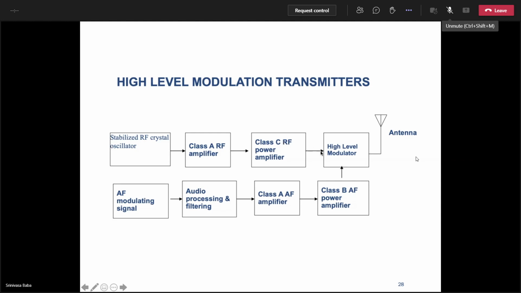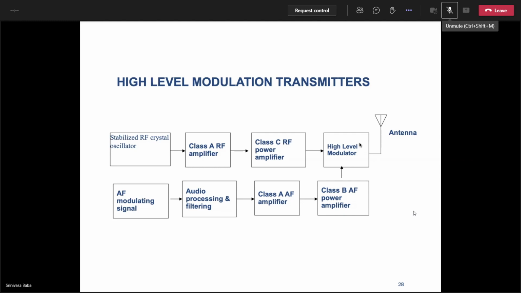If you apply 1 watt or 2 watts of power to a diode or a transistor, they may not withstand it, because they are semiconductors. Their power handling capacity is very low. Therefore, we cannot use semiconductor devices as a modulator. So we will be using the tube version of these devices.